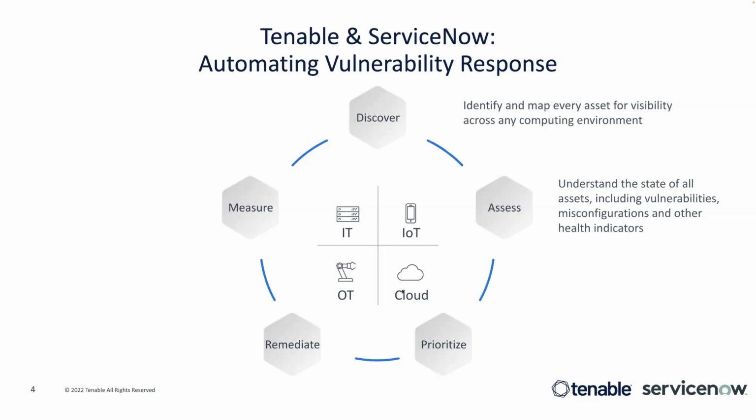So we have unique technologies that allow us to first discover, and then assess the vulnerabilities for each one of these particular unique environments, whether it's the cloud, OT, IoT, or the traditional IT stuff.